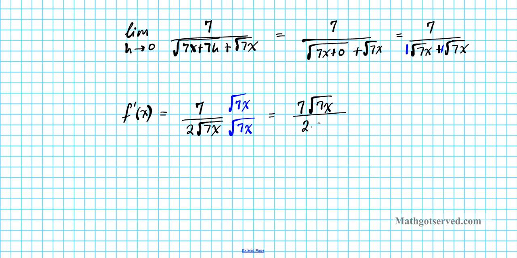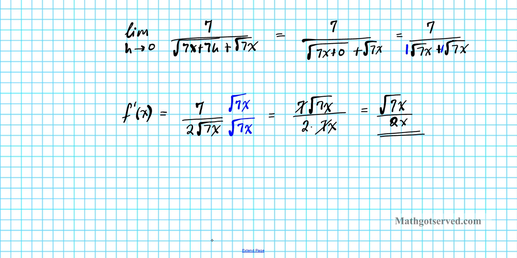Because the squares cancel out, it becomes 7x. So the 7 divides with that 7, and then your final answer is the square root of 7x over 2x. Okay? So that's what the derivative of the function is.